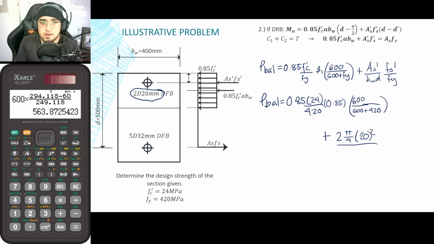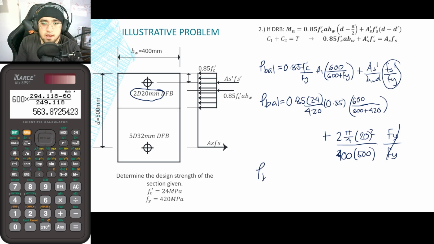Our b is 400 and our d is 500. Fs prime divided by Fy, since our compression members have yielded, Fs prime is equal to Fy, so this would simply cancel out.